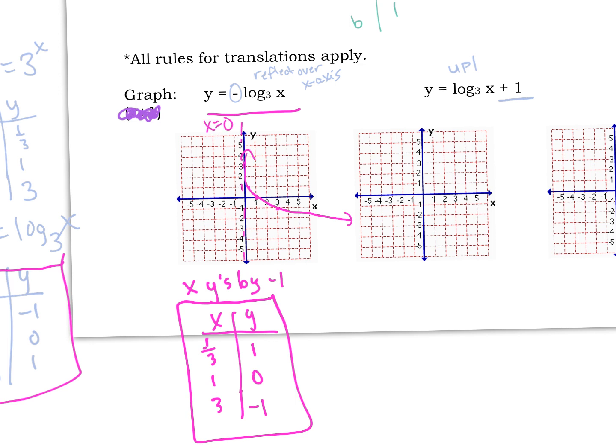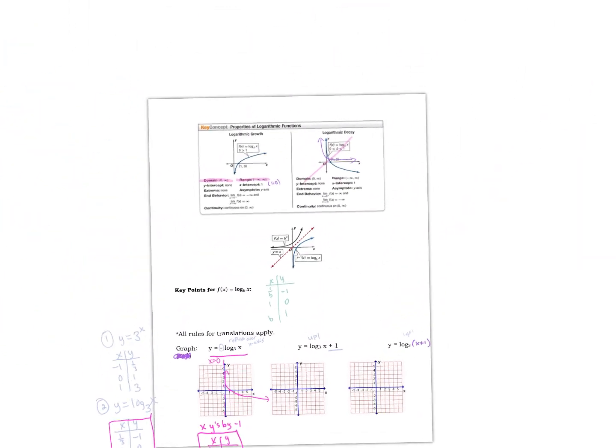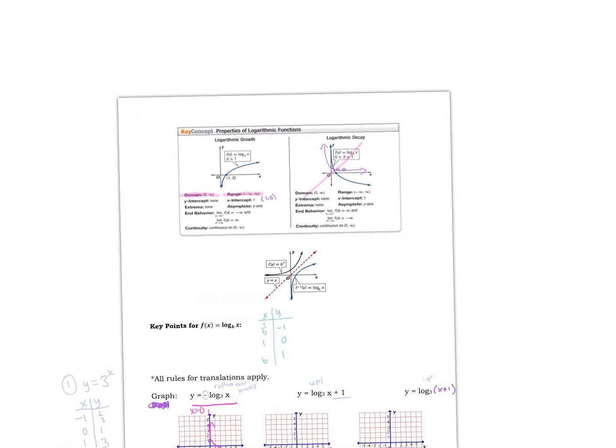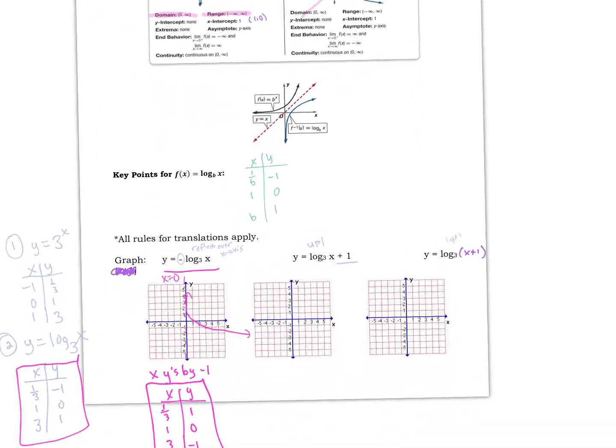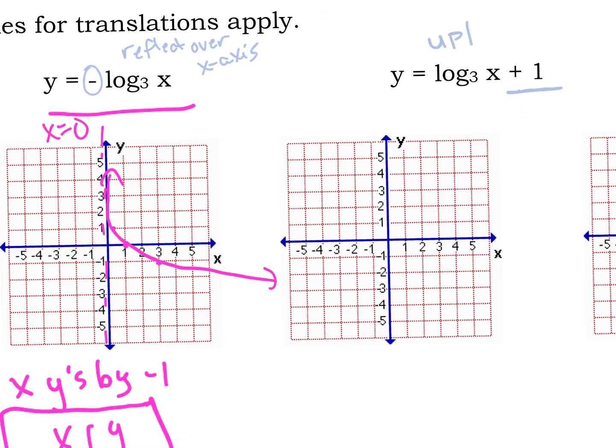And asymptote. So that looks a lot like the logarithmic decay now, doesn't it? So when you reflect it, it looks a lot like the logarithmic decay. So that's a reflection. That's what the negative does.